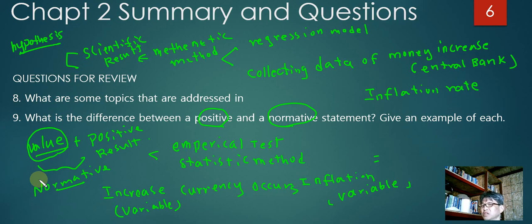Okay, so normative statements include the value of researcher and scholar, their personal value, their view of society. So it is included in the normative statement. The normative statement is ethic attitude plus positive statement result combined together.